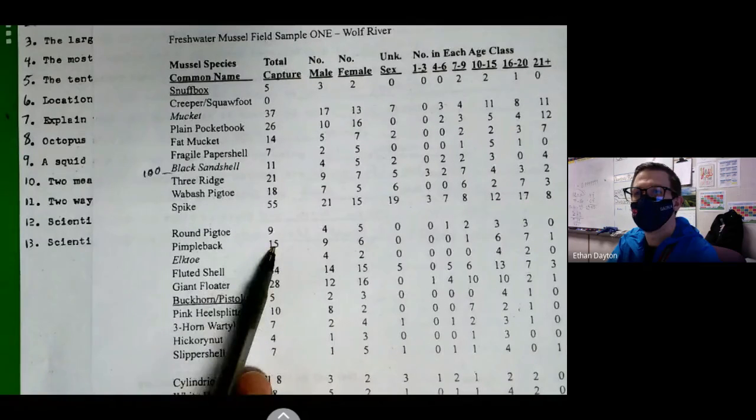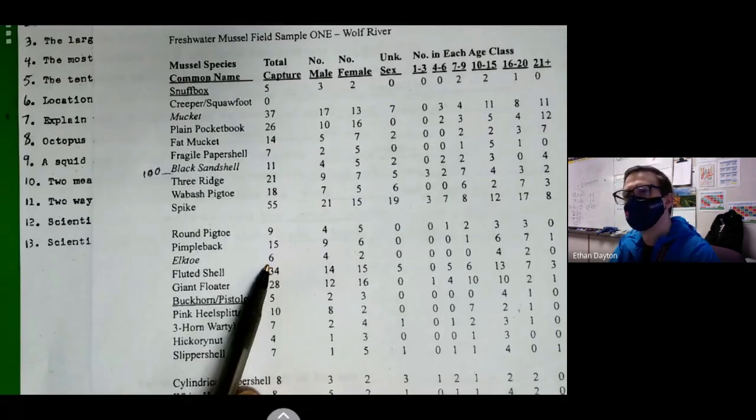Then we're at the pimple back. 203 plus 15 is 218. Good. Plus 6 is 224. Good.